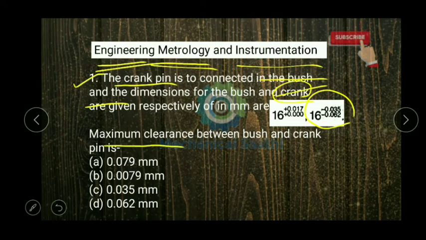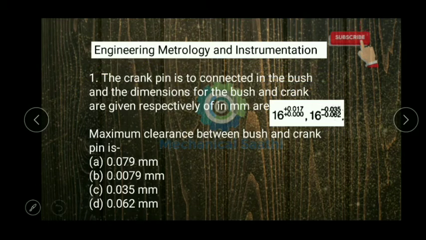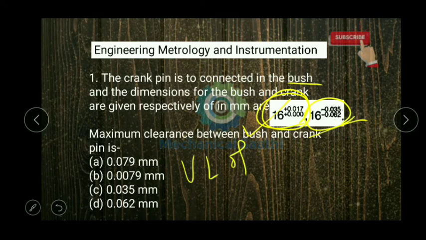If we see, the maximum clearance can be found from the maximum dimension of the bush and the minimum dimension of the crank pin. So upper limit of the bush minus lower limit of the crank pin.